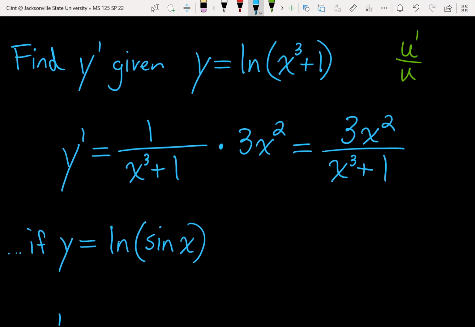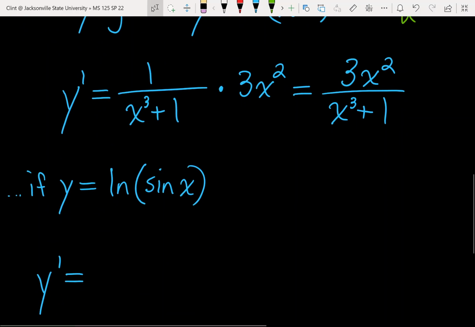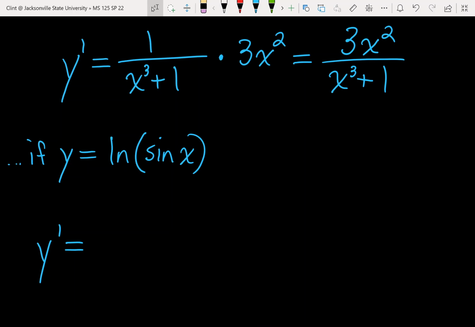Well, then this one has natural log of sine x. I'll write it out the long way. It'll be 1 over u, so our inside function is the u part. So 1 over sine x times the derivative of sine x, cosine.